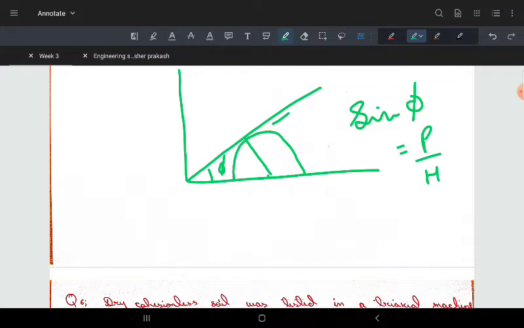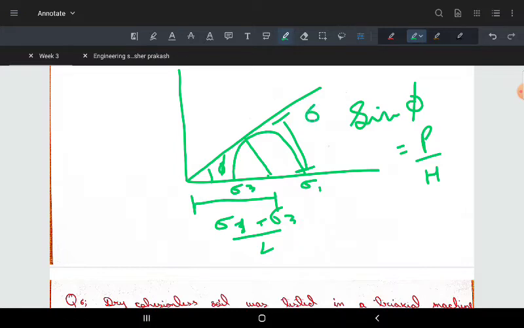The hypotenuse is sigma 1 plus sigma 3 by 2. The perpendicular is sigma 1 minus sigma 3 by 2, because this is the radius.